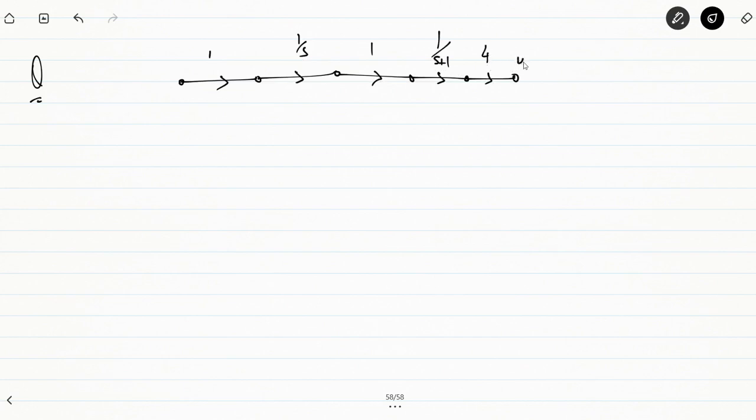Now, in case we have a signal flow graph like this, with b1, this b1 by s, this b1 and this b1 by s plus 1, this b4, and this is y.